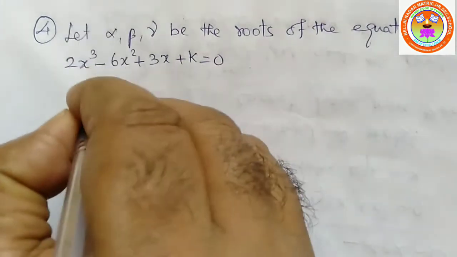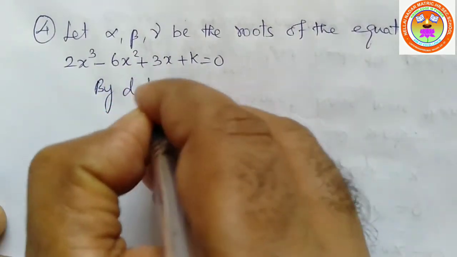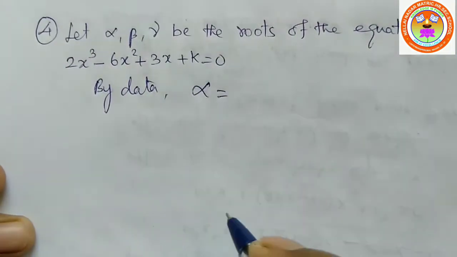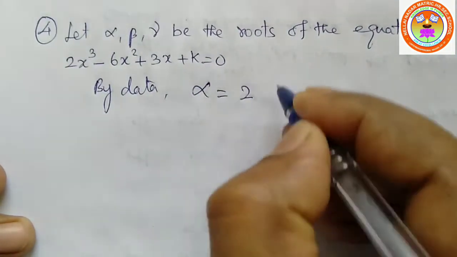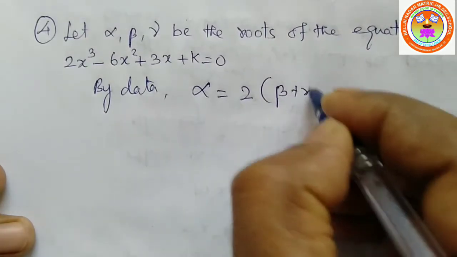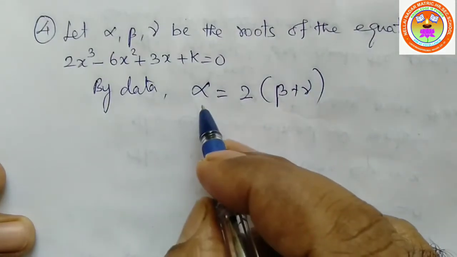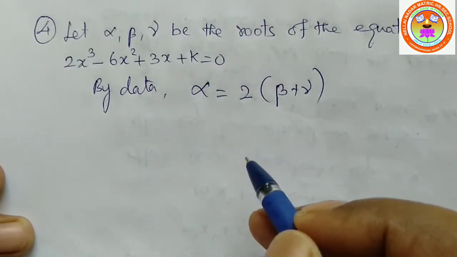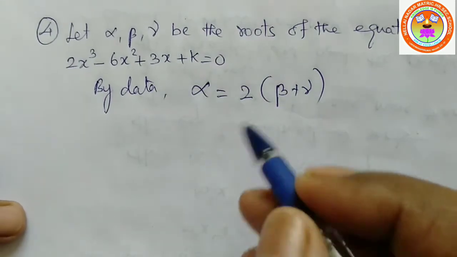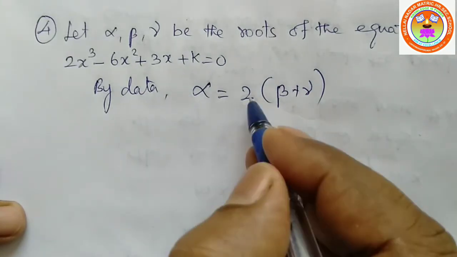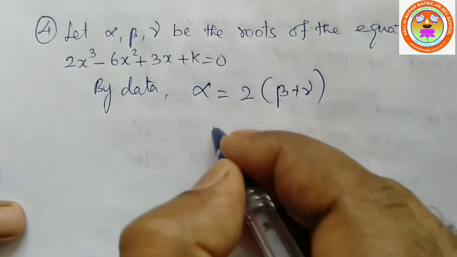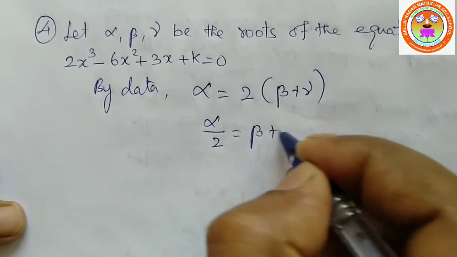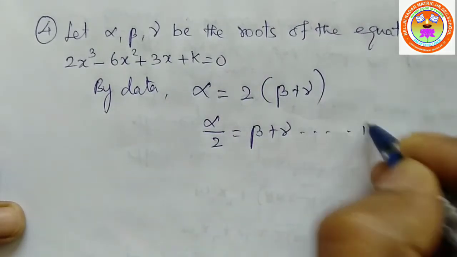By data, alpha is equal to 2 times beta plus gamma. Taking this 2 to the left hand side, alpha by 2 is equal to beta plus gamma. Let it be equation 1.